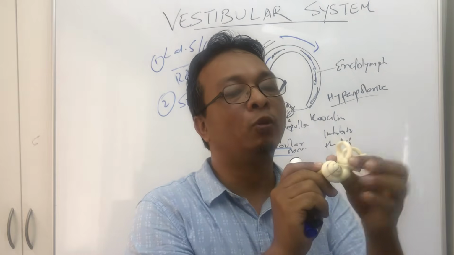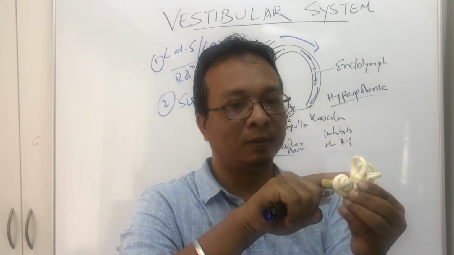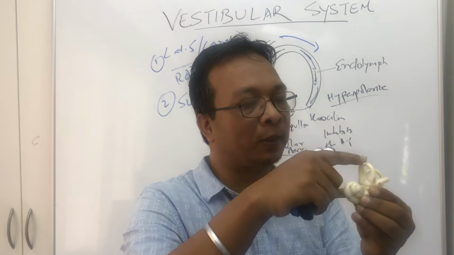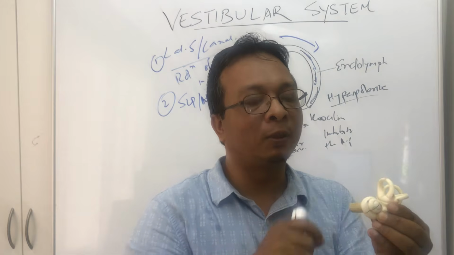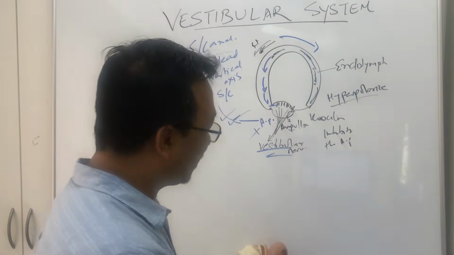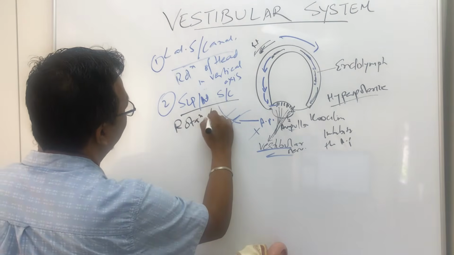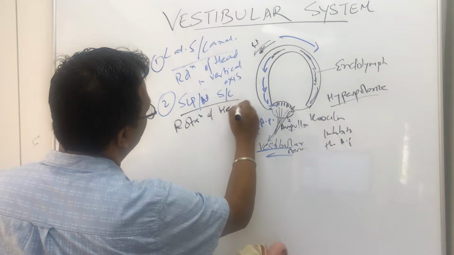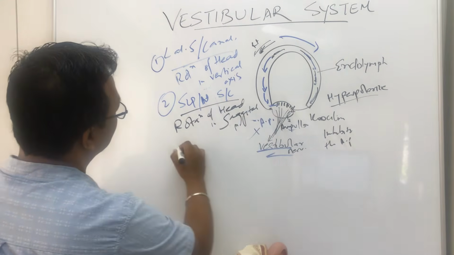So when we move our head like this, then the fluid moves in the opposite direction and stimulates. So the superior or anterior semicircular canal is telling us about the nodding of the head, the rotation of the head in the sagittal plane, that is nodding.